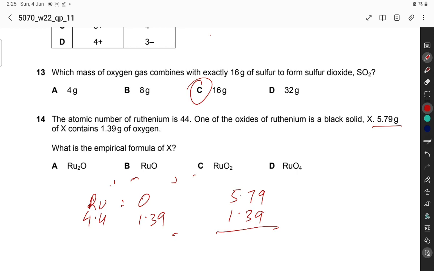Now let's find out the mass number of ruthenium. Proton number is 44 and mass number is 101. AR is 101.